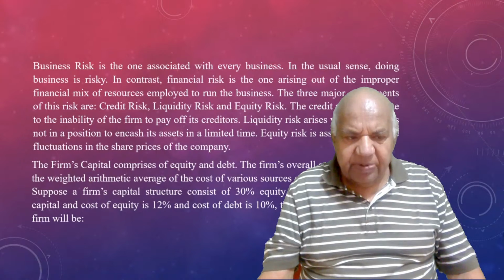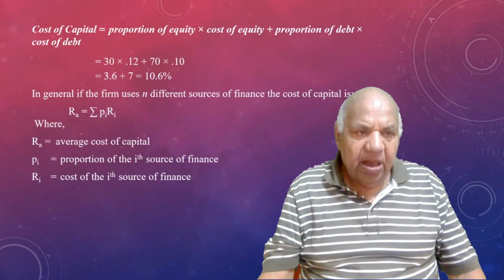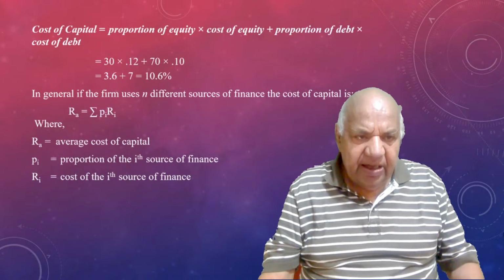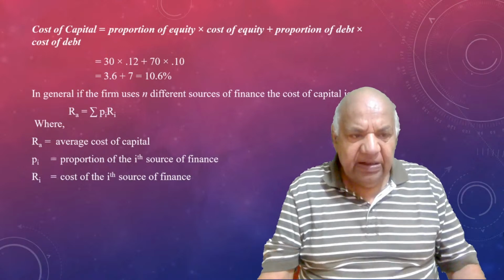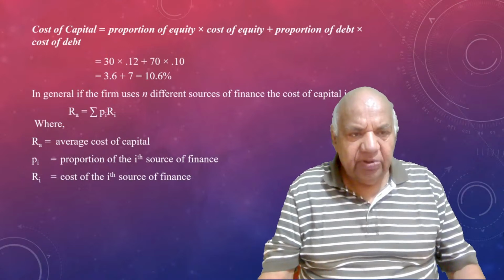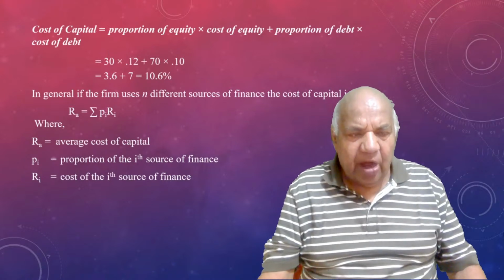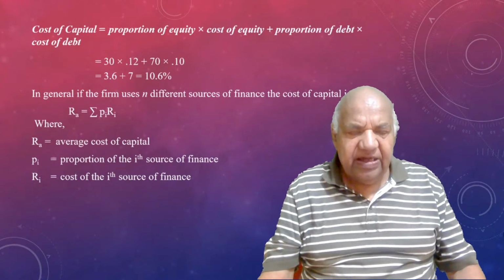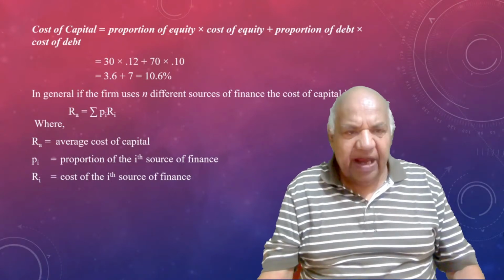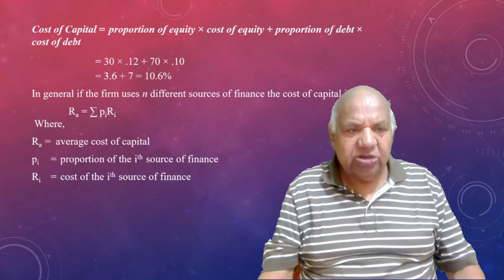The cost of capital for the firm will be 30 multiplied by 0.12. 30 is the proportion of share capital, equity, and 12% is its cost, and 70 is the proportion of debt multiplied by 10% of its cost.